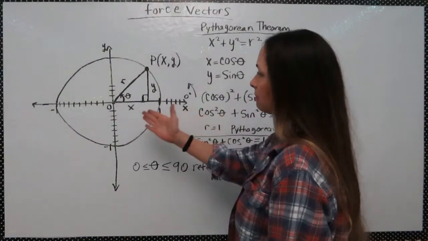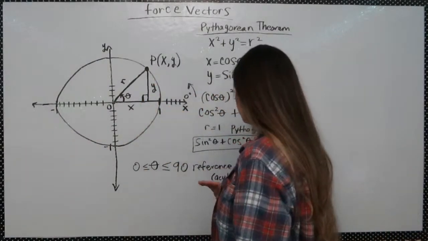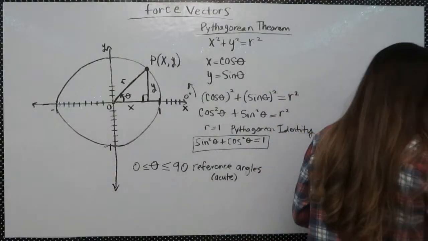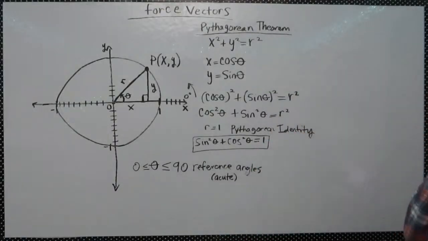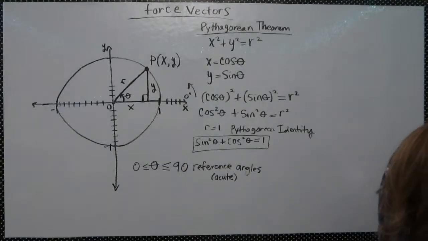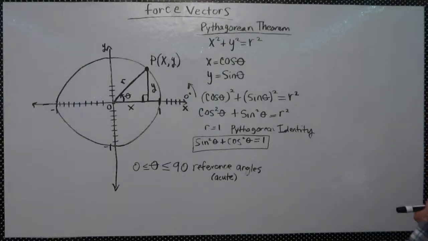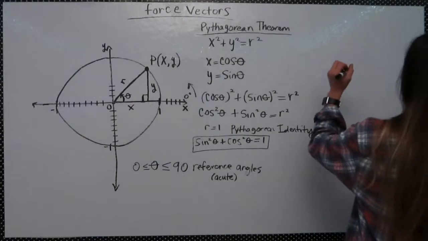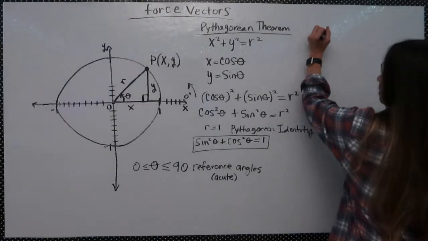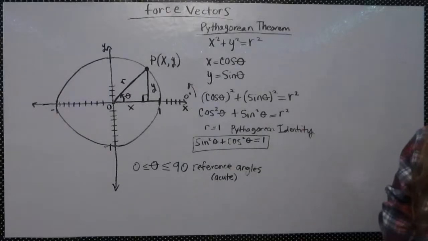But this is the same idea about finding these force vectors, using the trig and right triangles, and it's a very similar process. But what a vector is, vectors have, and I don't know if I want to erase.